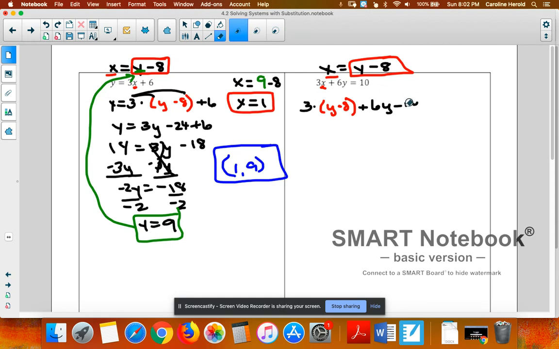That's supposed to be an equals 10. I think I'm getting a little bit better with this thing, don't you? Okay, so that's equal to 10.